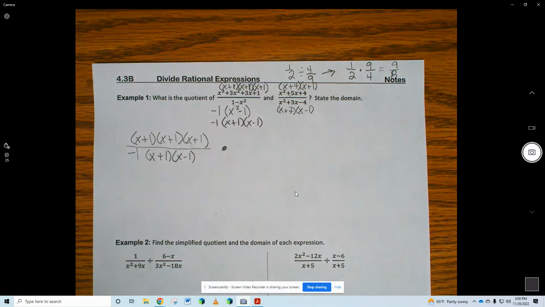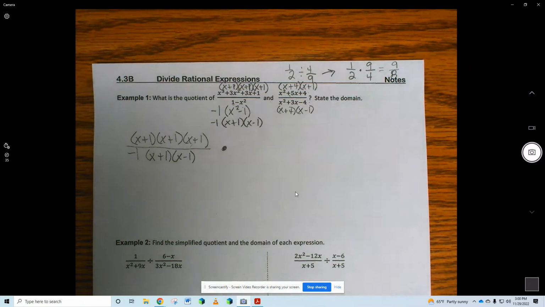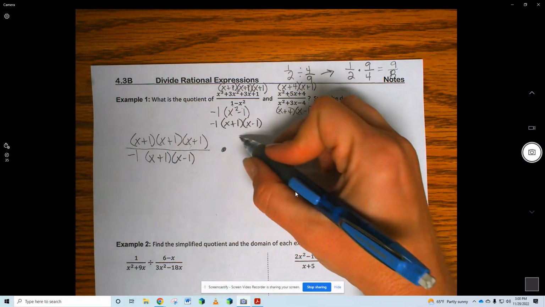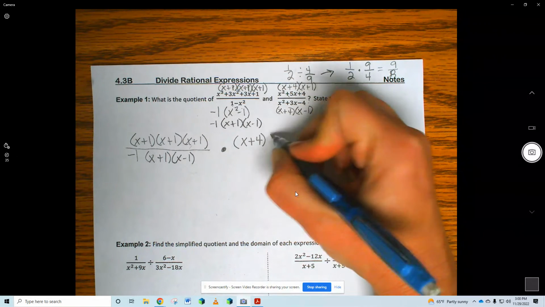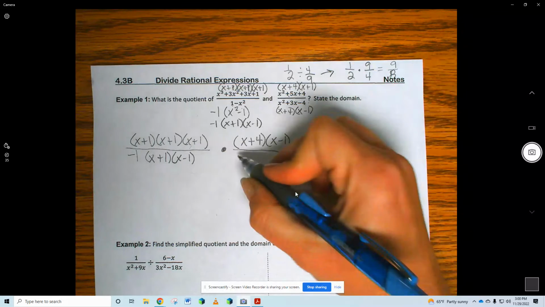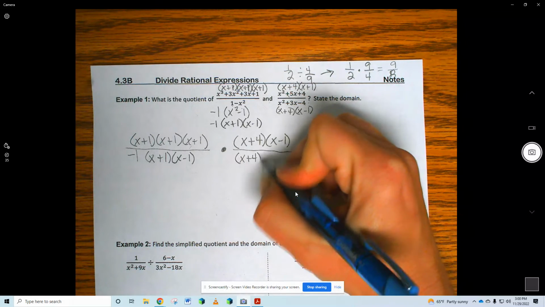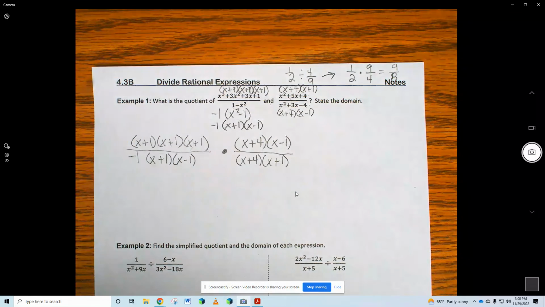And I'm going to multiply to get the reciprocal of the second fraction. Now I'm going to multiply. The denominator comes up. So x plus 4, x minus 1 is now the numerator. I reciprocal the second. X plus 4, x plus 1 is the new denominator.